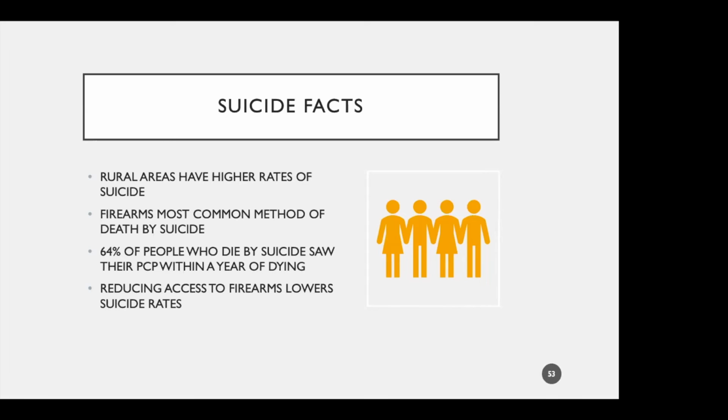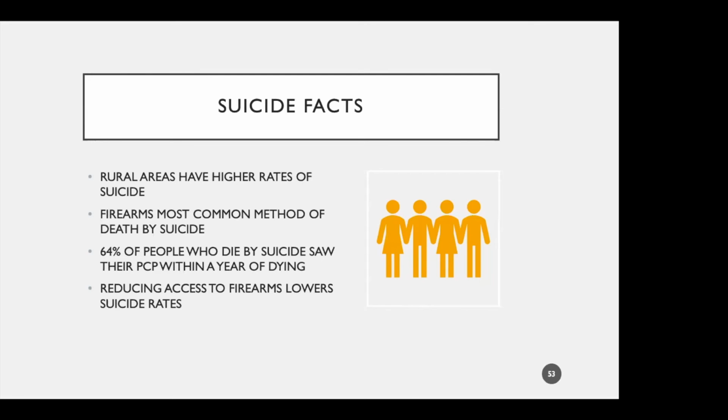That means they were in their primary care doctor's office and nobody asked them how they were, whether they were depressed, how they were feeling emotionally, and 12 months later, they died by suicide. And all the research shows that reducing access to firearms actually lowers suicide deaths.